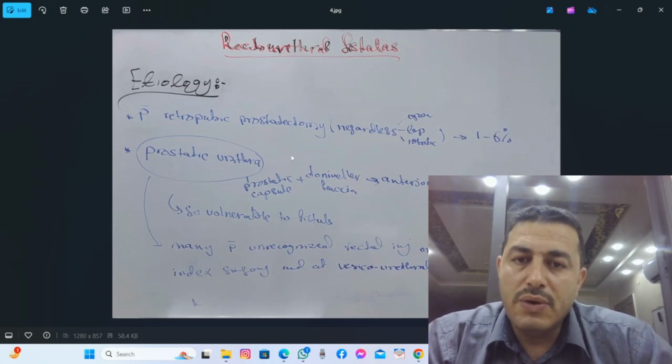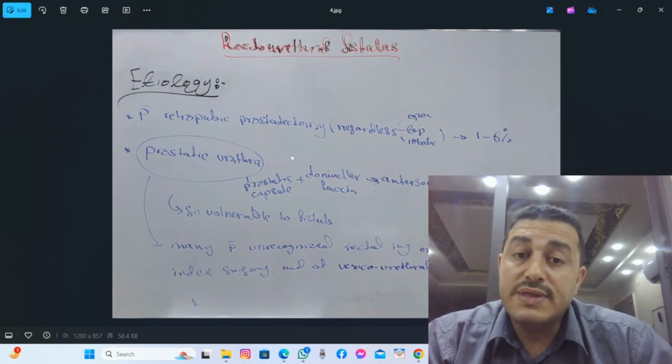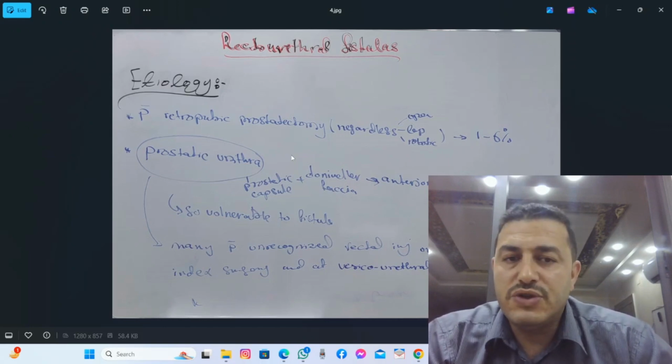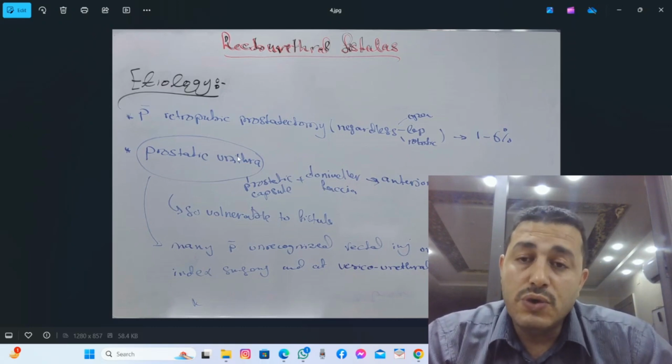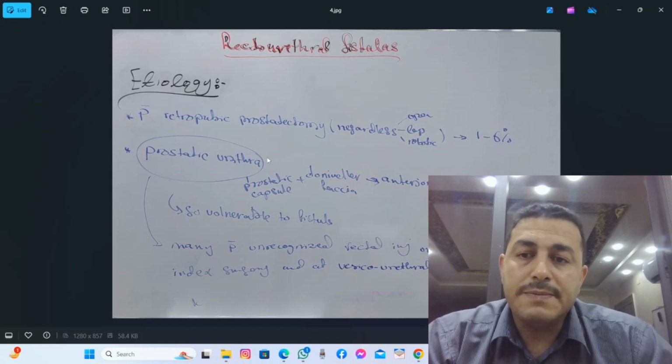Here we are talking about the retropubic prostatectomy, regardless of the type of surgery, whether open, laparoscopic or robotic. We are talking about fistula in a range between 4 to 5%.